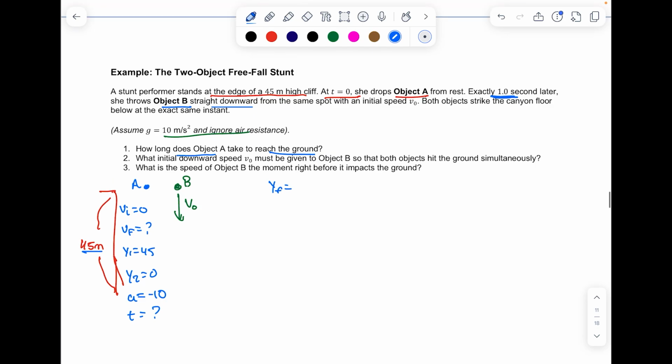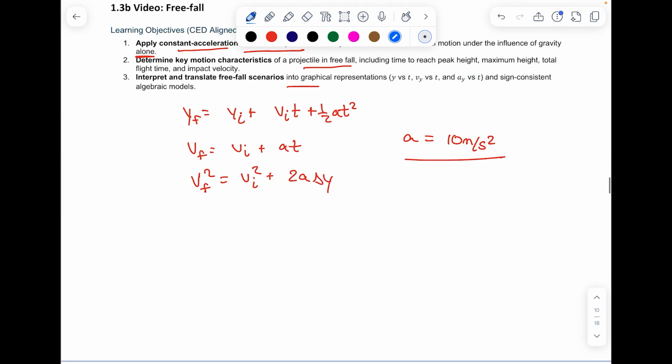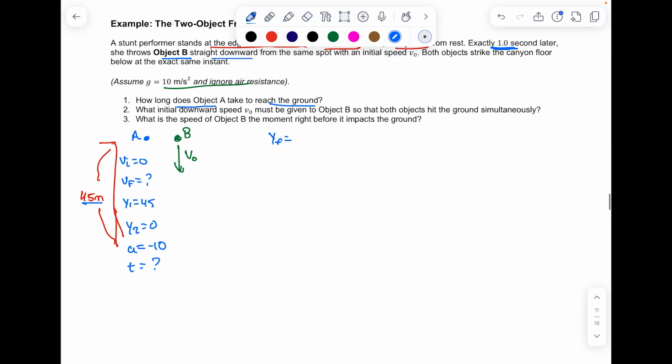I'm going to use equation number 1. I'll say 0 equals 45 plus 0t, because v initial was 0, plus 1/2 times negative 10 t squared, or negative 5t squared.